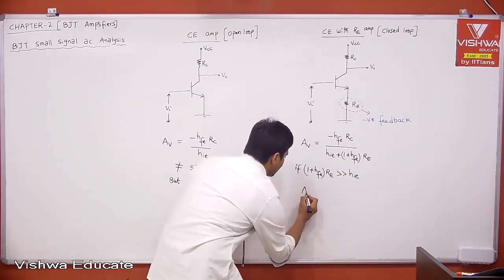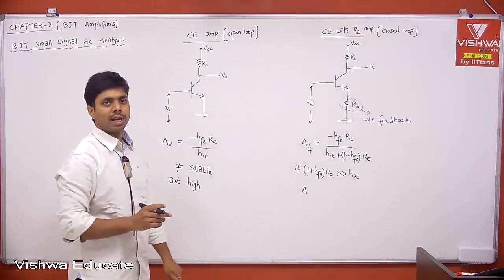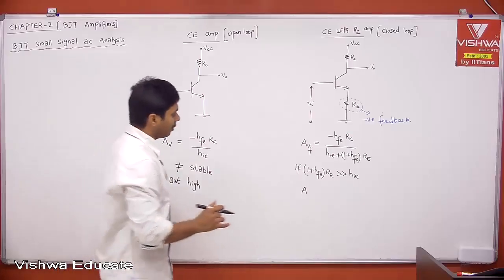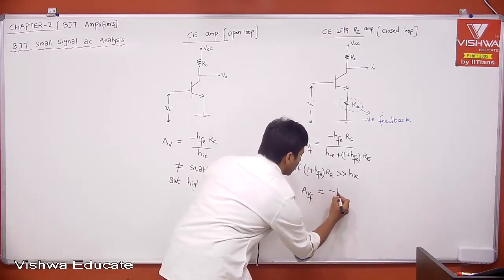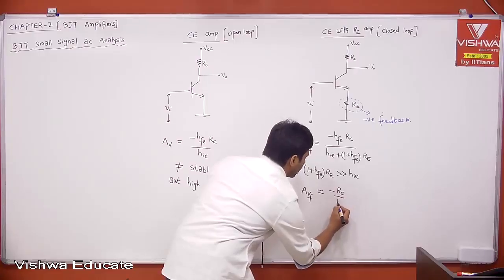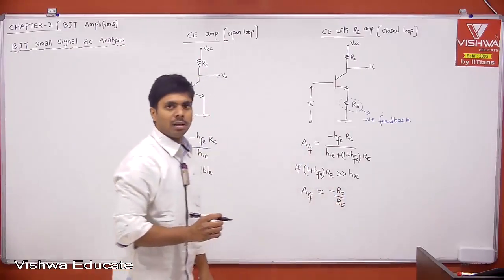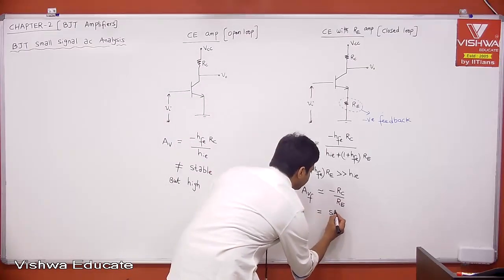It is left with only the ratio of resistors. Therefore, your voltage gain, let me say AVF, where F indicates voltage gain with feedback, while AV is simply without any feedback, is AVF equal to minus RC divided by RE. This depends on the ratio of resistors, so it is always stable.